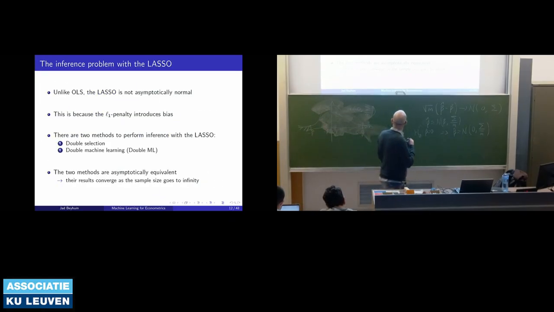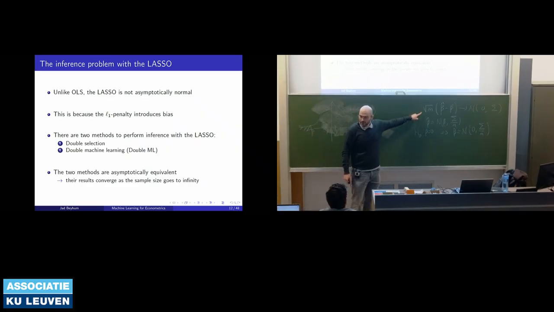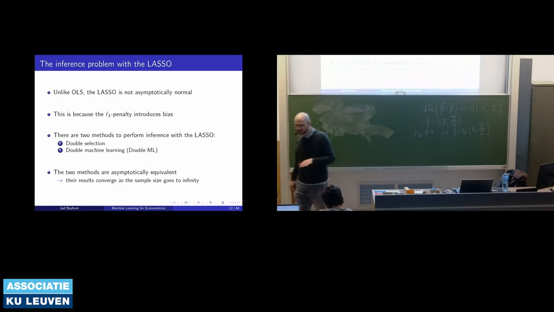With lasso, things are more complex. That's because, unlike OLS, the lasso is not asymptotically normal. All this construction relied on asymptotic normality. This is true for OLS, but this is not true for the lasso, because the lasso introduces bias that OLS doesn't have.